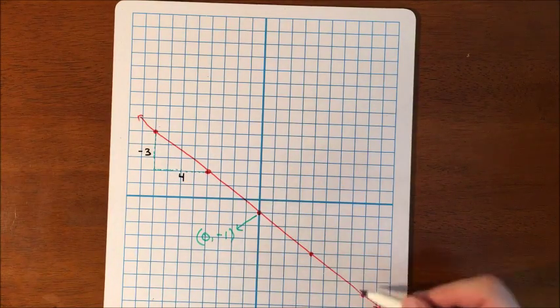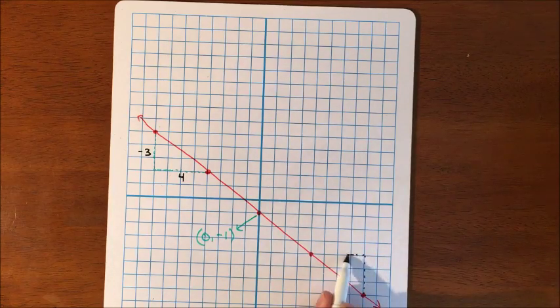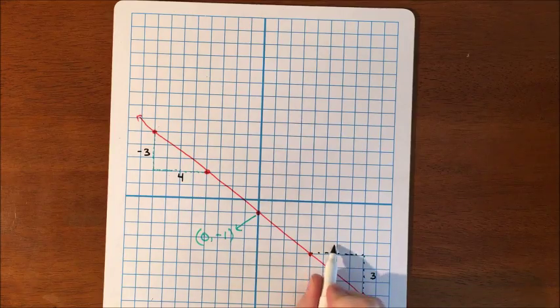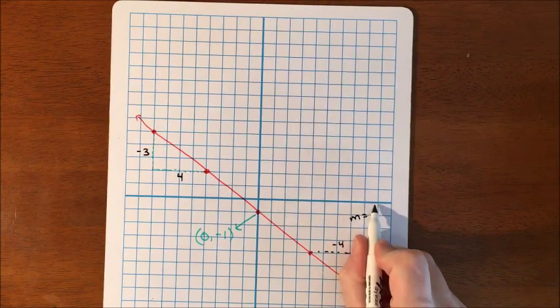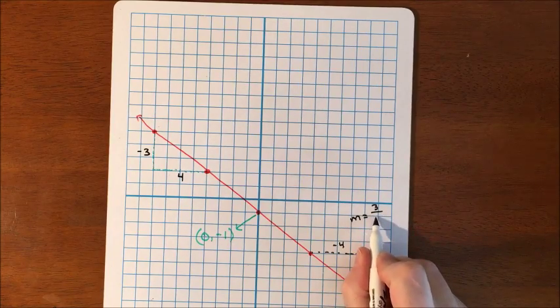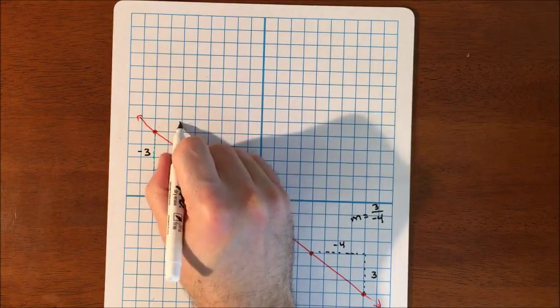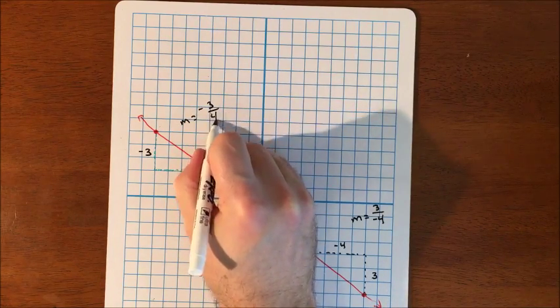So let's say I go back here and I go the other direction. For whatever reason, I decide I'm going to go this direction. Doesn't matter. I'm going up 3, but I'm going back 4. So on that slope, I have an up 3, my rise, and my run is back 4. On this one, I have a down 3, right 4.